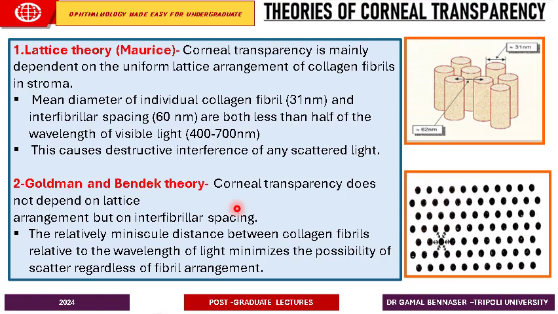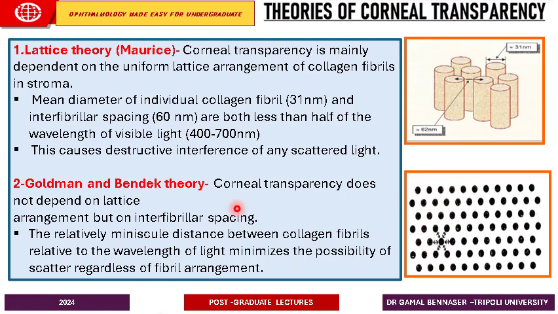By lattice arrangement, it means that there is a peculiar fixed uniform shape of the collagen fibers with a fixed diameter, which is around 31 nanometers, and the distance between the fibers, that's the interfibrillar spacing, is around 60 nanometers.